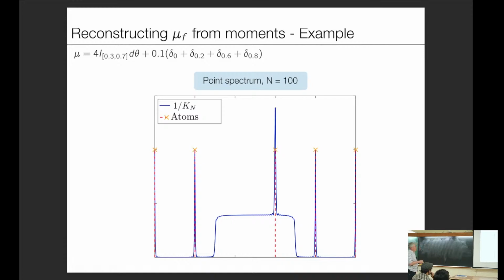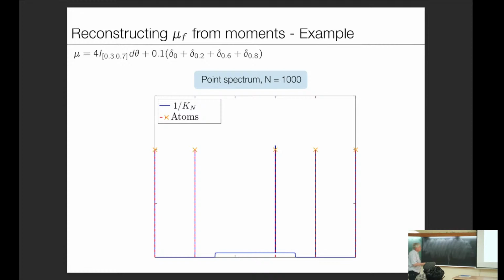You take point masses, and you go up to degree 100 of the trigonometric polynomials, and you see how they spike, and they tell you precisely where the point masses are. On the other hand, you have here the absolutely continuous part on this subinterval. So this is a toy example. If you go a little higher, to 1,000, it is almost accurate.